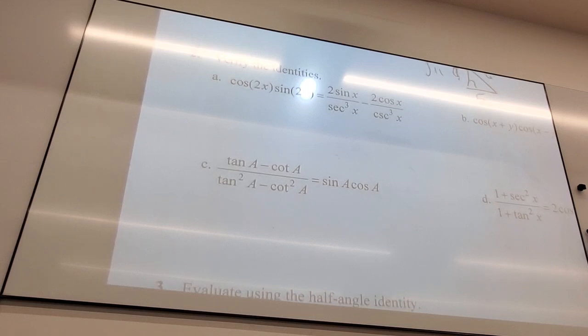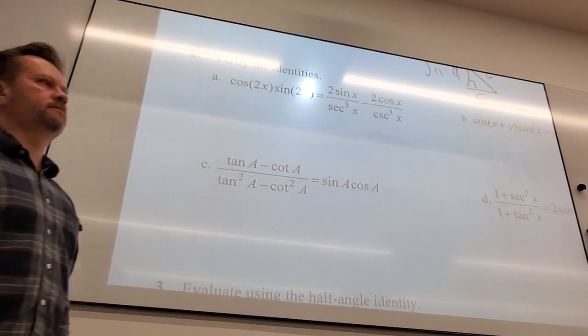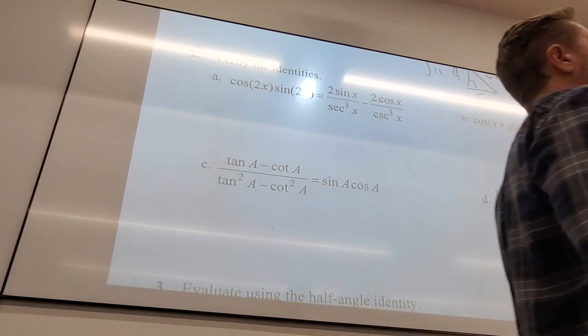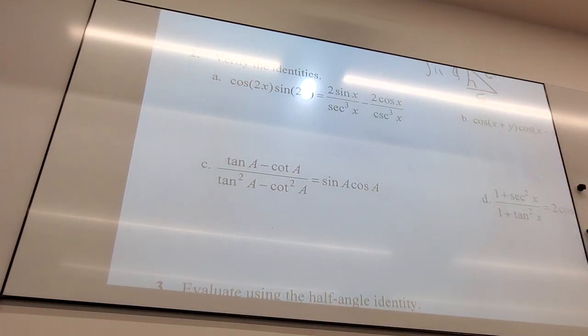Any identities you immediately see? Any identities? There has to be. Say again? I said the double one. Yeah, you got two double angle formulas right there, right? Now, can somebody tell me what sucks about the cosine one?